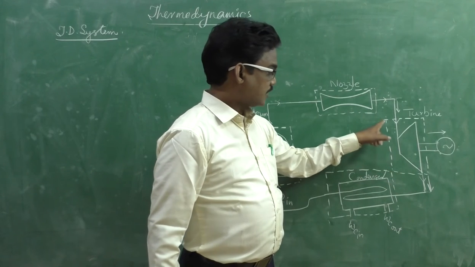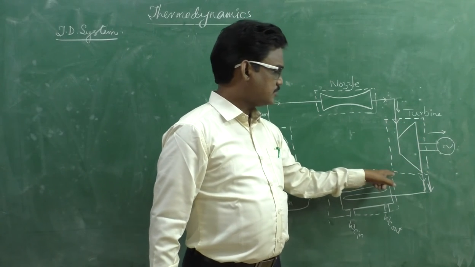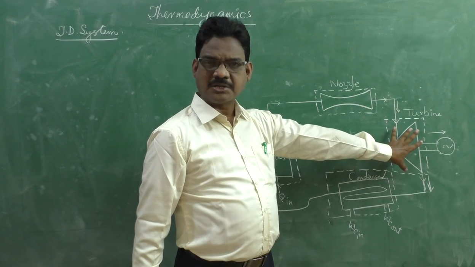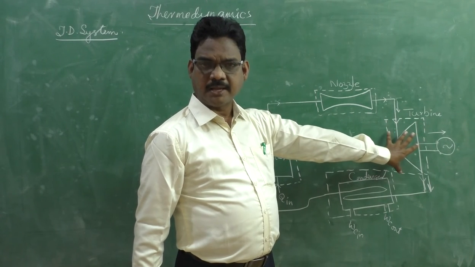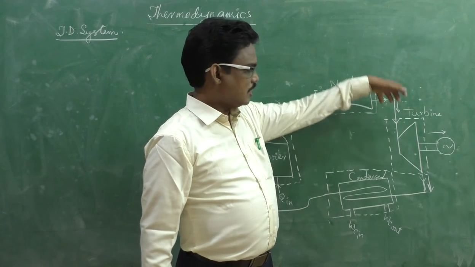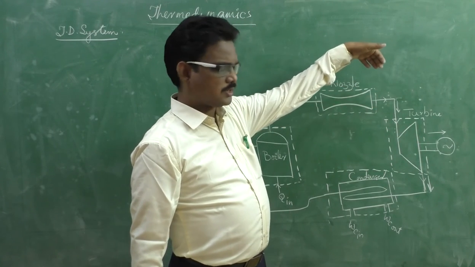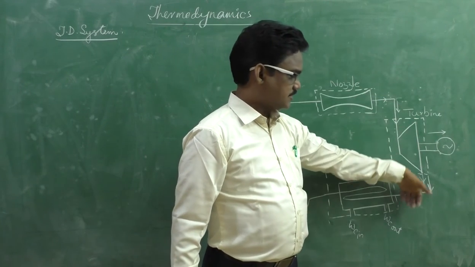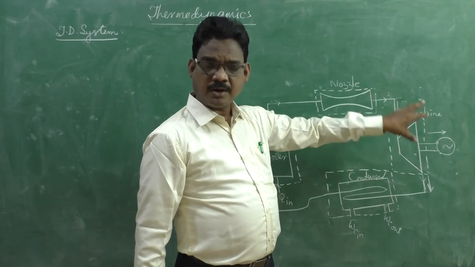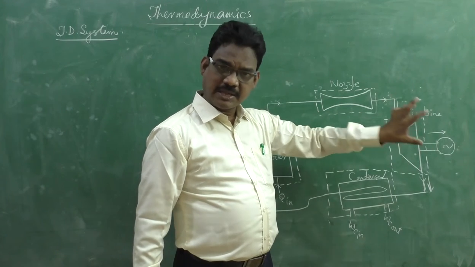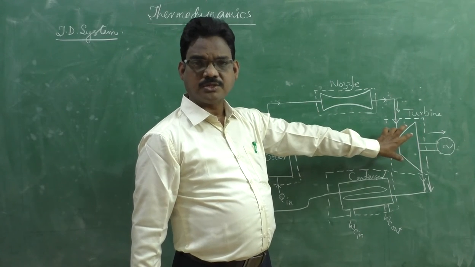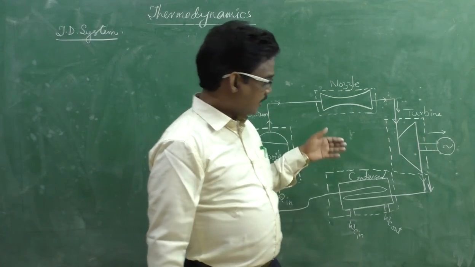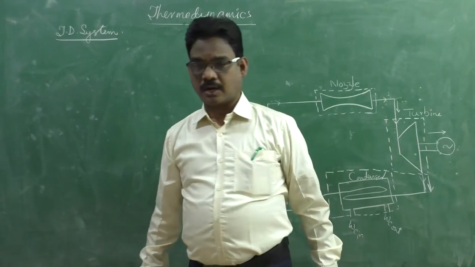That means we consider constant boundaries, or a particular volume for the turbine. Into that volume, how much heat energy is entering, how much heat energy is leaving, how much heat energy is retained inside, how it is diffused inside the control volume, and how the work comes out of it.